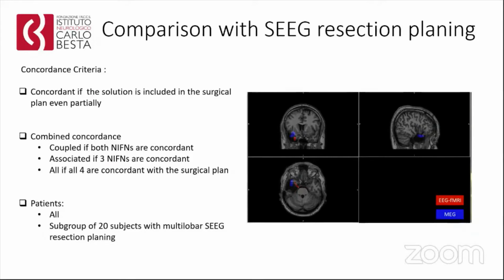Those are considered more problematic because you are removing more brain than just a single small resection. Here I will show you a short example of concordance of the MEG and EEG results. It is included in the resection, so it is considered concordant.